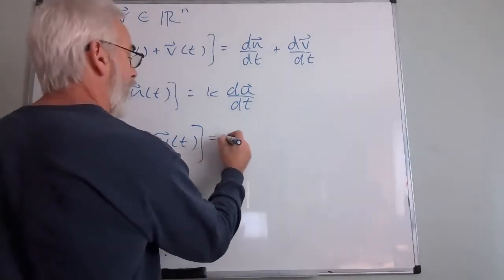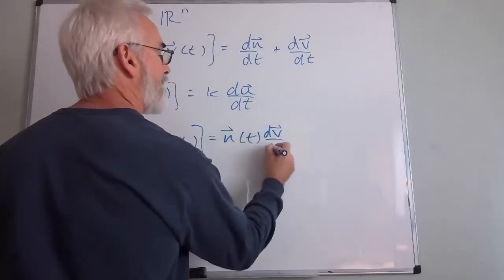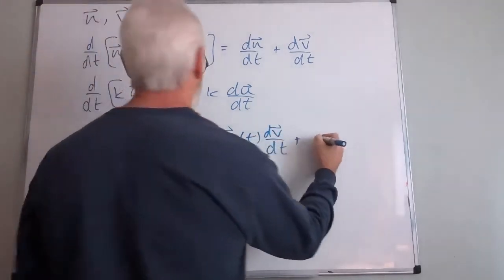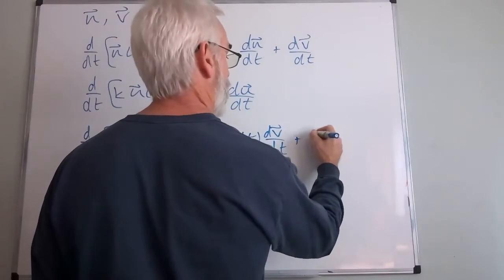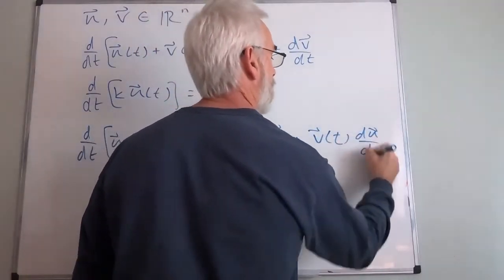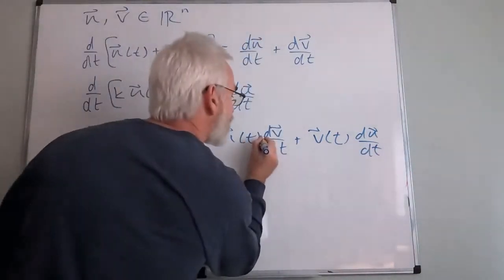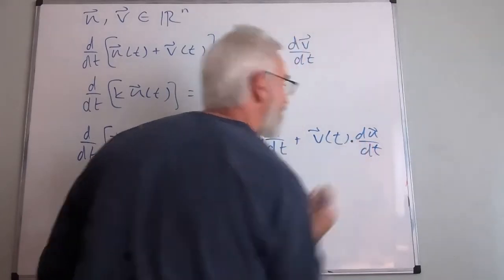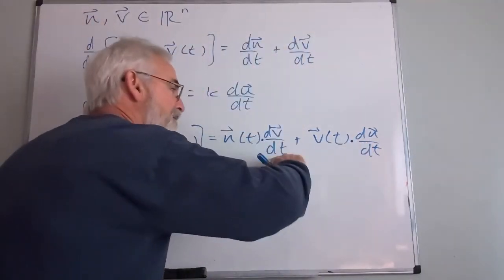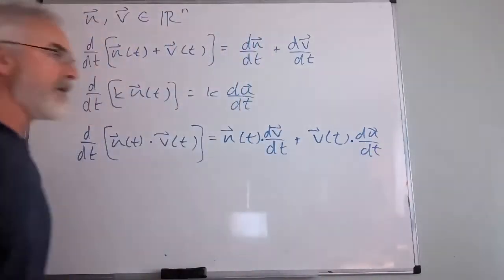Well, if I carry it all the way through, it beautifully turns out to be exactly this version, okay? Essentially looking just like the product rule. This is still a dot product. So u dotted with dv dt produces a scalar. V dotted with du dt produces a scalar.